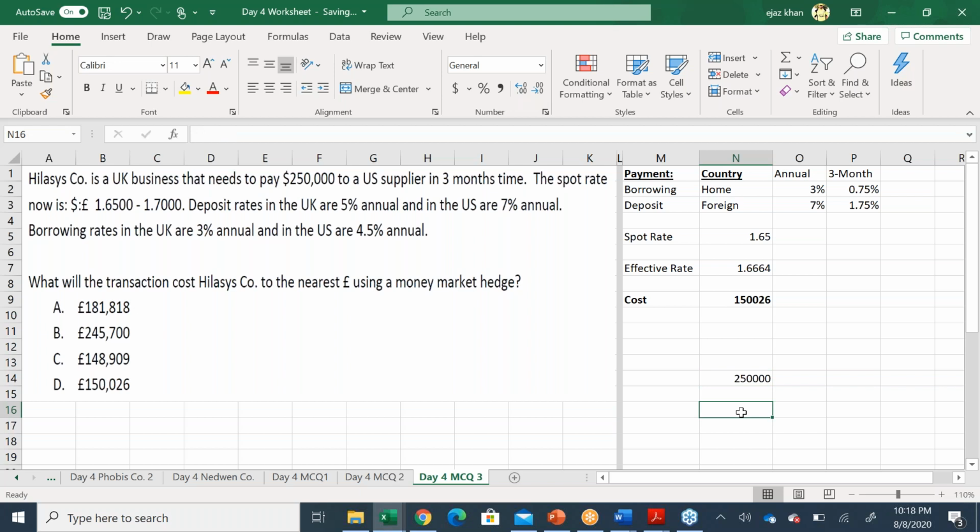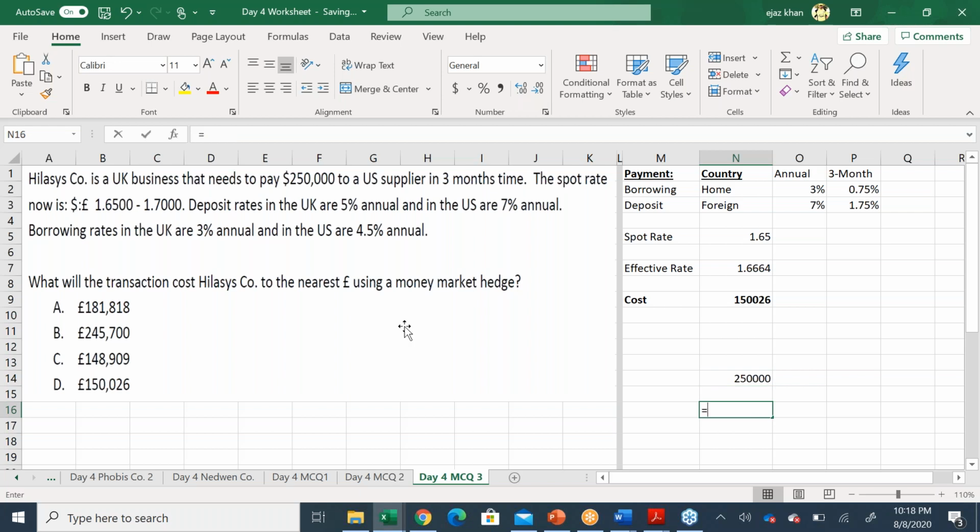Will the bank be asking for more pounds, or less pounds? When we buy $250,000, will the bank ask for more pound sterling or fewer? More, right? So we need to use a rate that will result in a higher value.